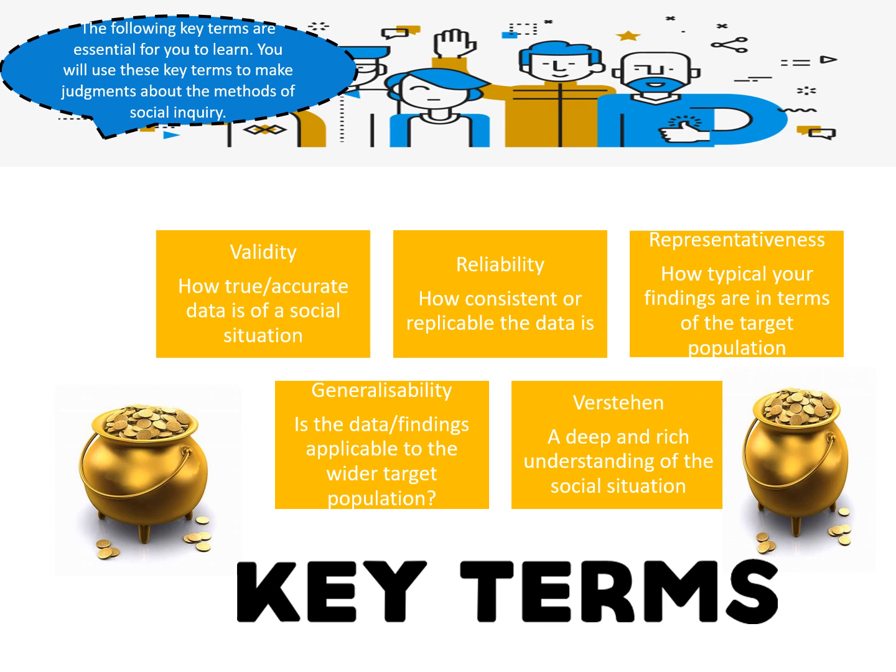Another key one is representativeness. This just means how typical your findings are in terms of the group that you're studying. So have you got a typical slice of that population?